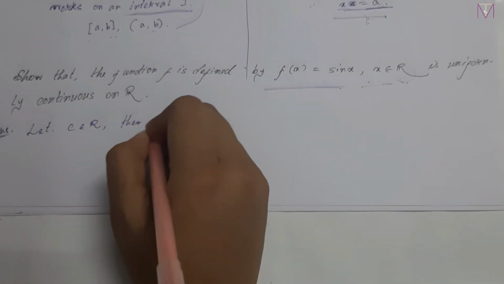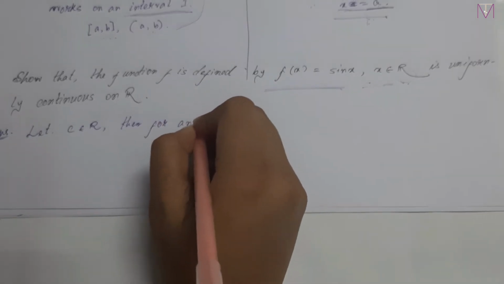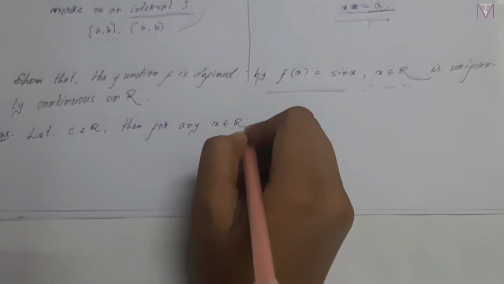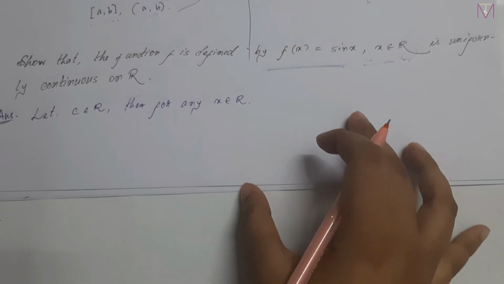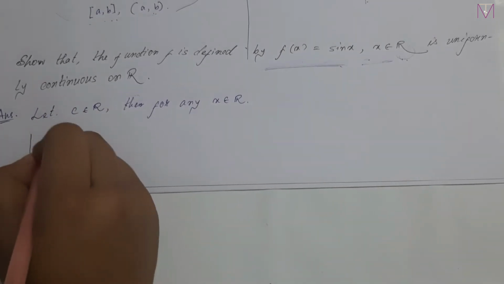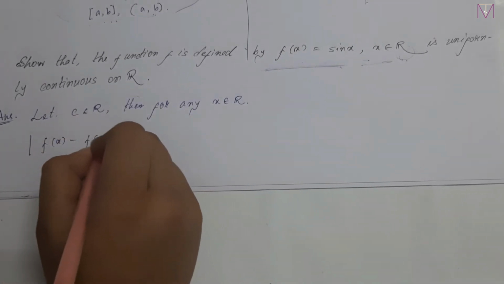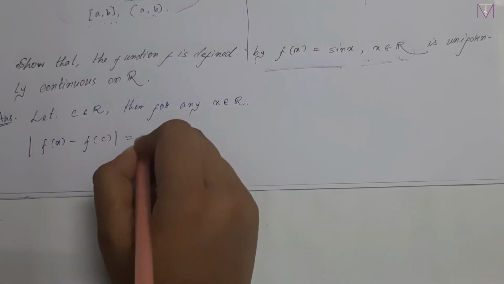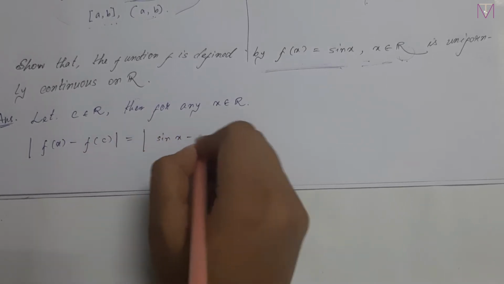Then for any x belonging to R, |f(x) - f(c)| equals |sin x - sin c|.